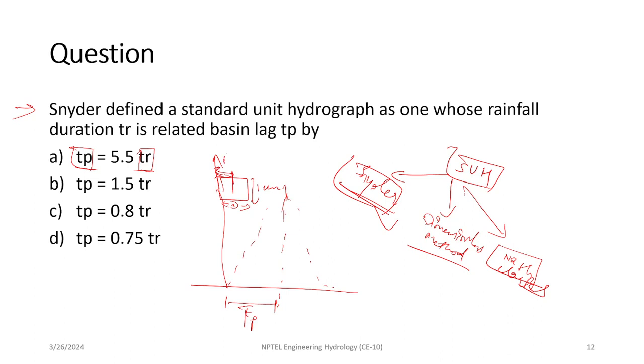If I am taking it as a complete value, then this will be a TR, right? Yes, TR. Now if I join this middle part of the hydrograph to the peak value, that is a small tp, right?